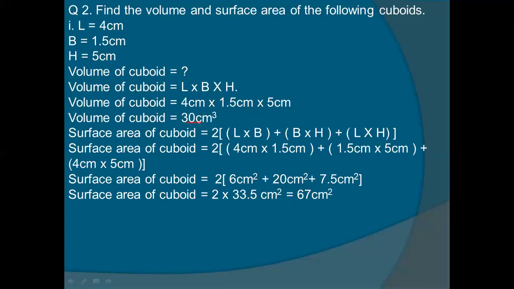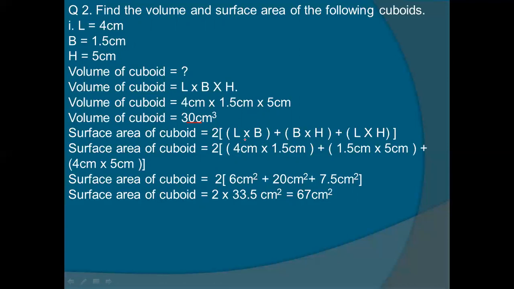The second part of the cuboid. A cuboid has different values of length, breadth and height, but a cube has the same values of length, breadth and height. Here, surface area is equal to 2 times, bracket started, length multiplied by breadth, plus again bracket started, breadth multiplied by height, bracket over, plus third bracket started, length multiplied by height.